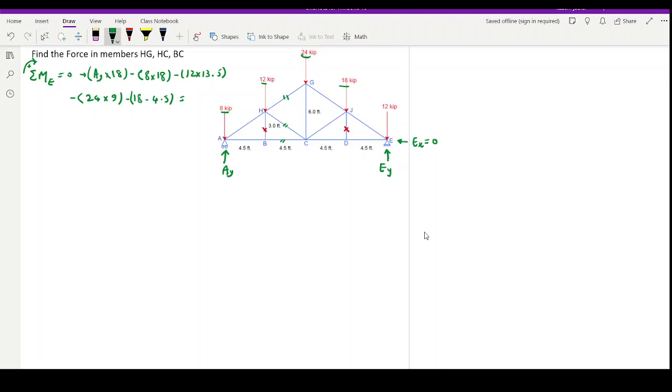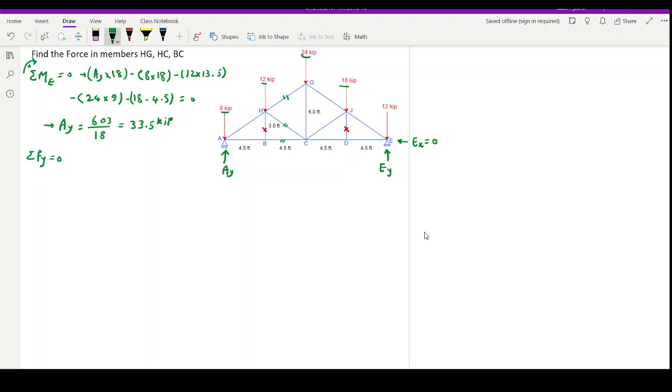is equal to 0. From there, clearly I can very quickly find AY, which is equal to 603 divided by 18, and that's going to be 33.5 kip. Even though I don't need EY, I'm going to find it because it's very straightforward.